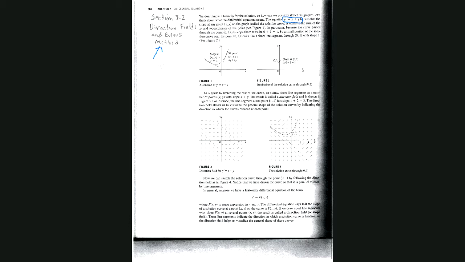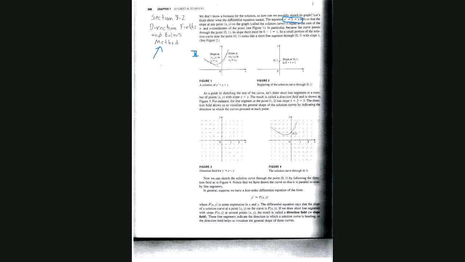Now, you'll notice the slope of the tangent line is negative in this quadrant. I've got to be careful here. We're in the second quadrant, at this point, and the slope of the tangent line is negative.